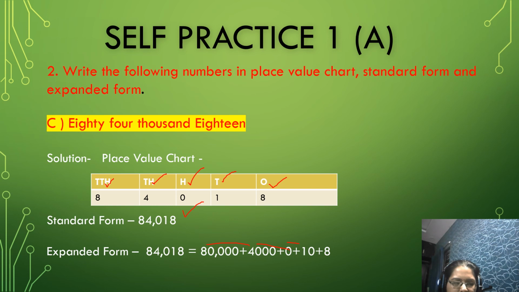And 1 multiplied with 10 is 10 only. And 8 is in the unit place, so 8 multiplied with 1 is 8 only. So the expanded form of 84,018 will be 80,000 plus 4,000 plus 0 plus 10 plus 8.